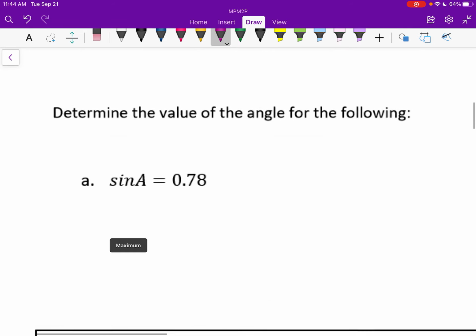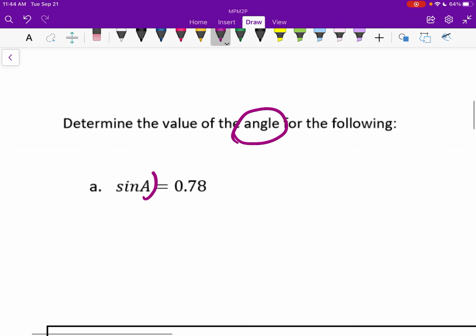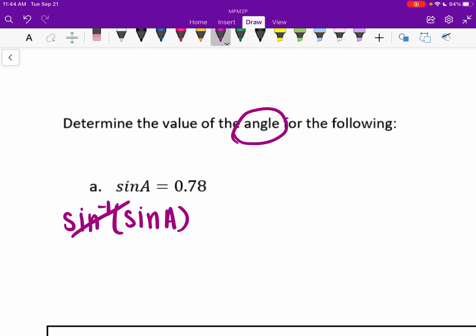So if you want to determine the value of the angle, we want to get this A on its own. And in order to do that, you need to do the opposite of sine. So you're going to do sine inverse on sine A to get rid of the sine, which means that on this side, you're going to do sine inverse 0.78.